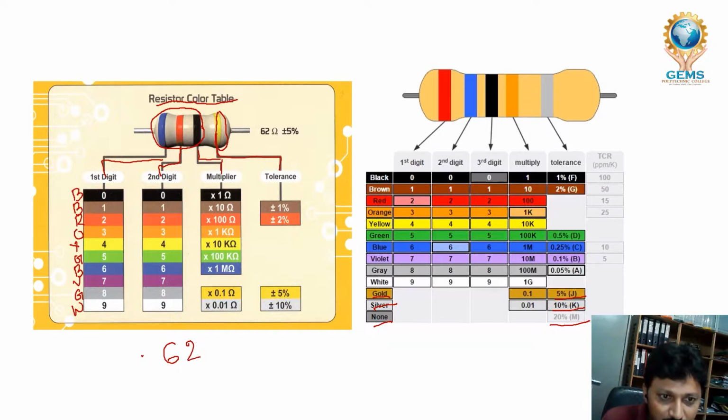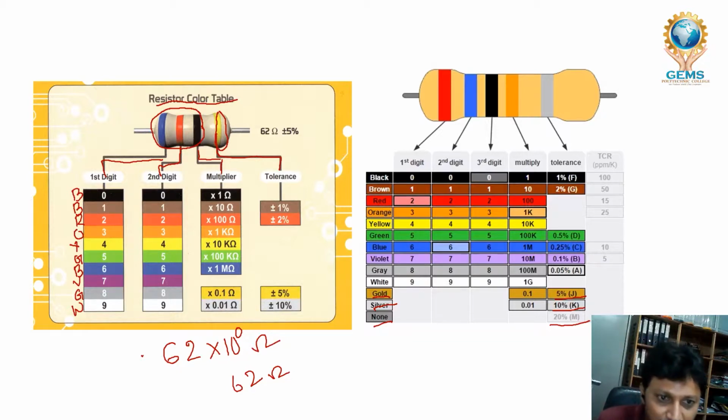What is the third? Black. Black means I'm going to multiply by 10 power 0. So this is 62, and 10 power 0 means a 62 ohm resistor.